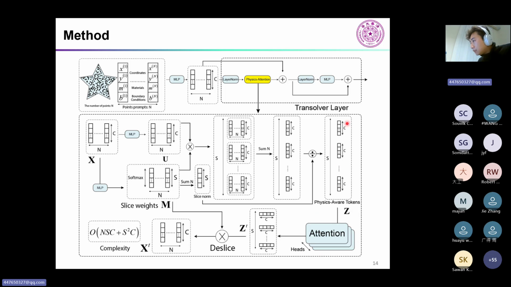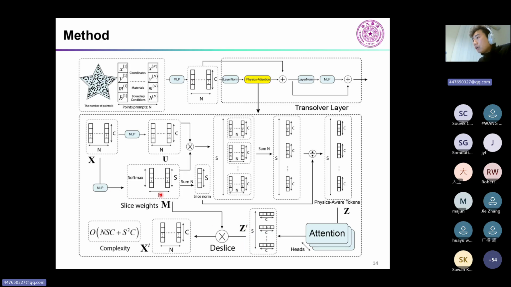Then we use the transformer to operate on these physics-aware tokens, with the QKV matrices as usual. Then we get the output, whose matrix is S by C. Then we take this matrix and use the slice weight to deslice it. How to deslice it?